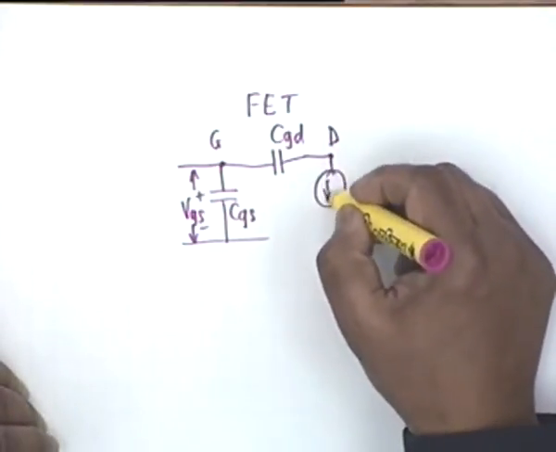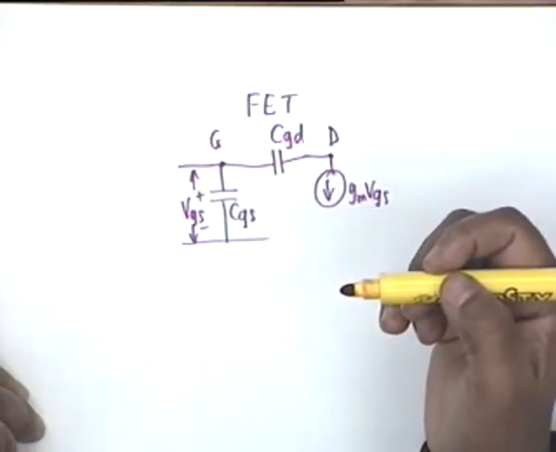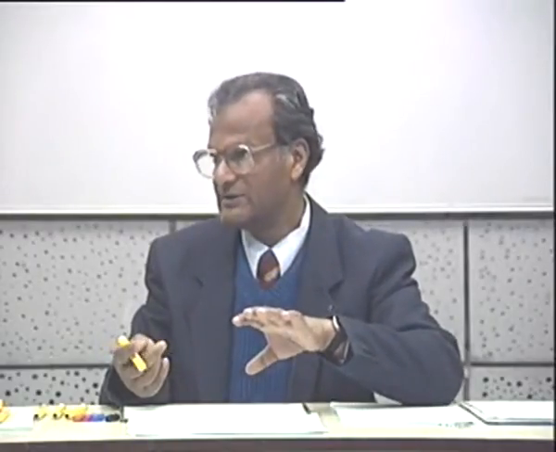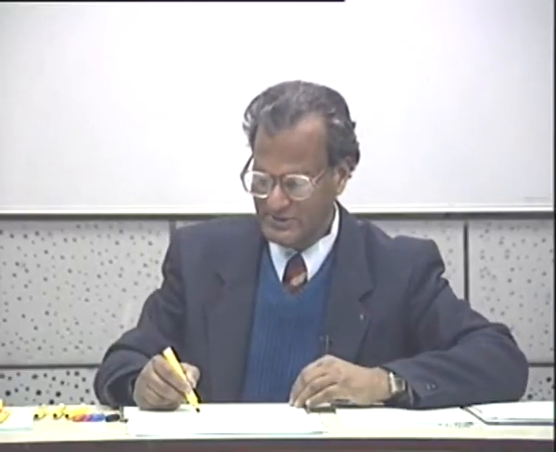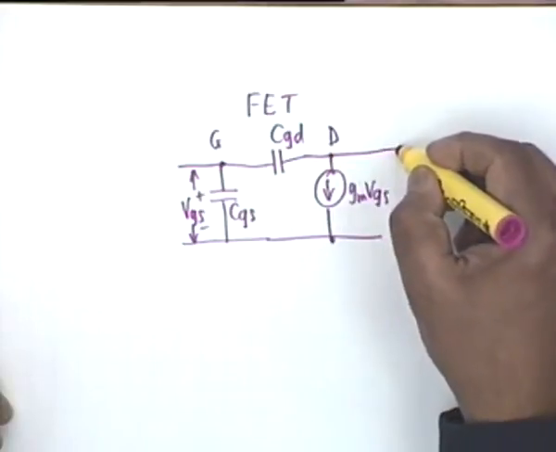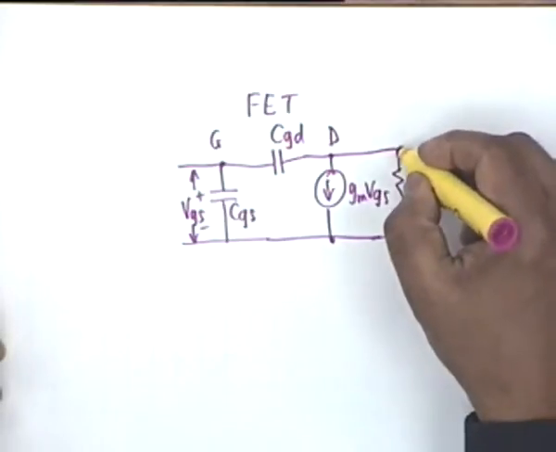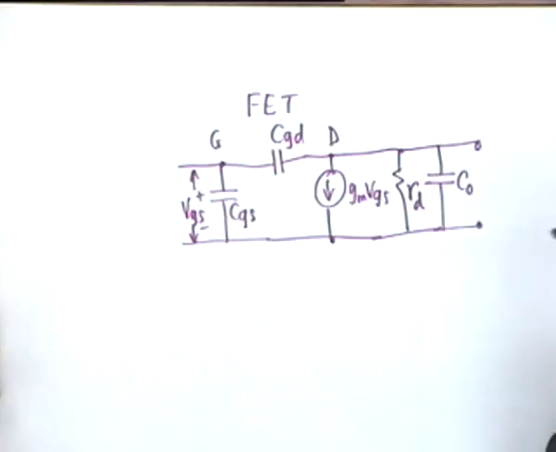From the drain you have the gm VGS. There is no resistance here, because gate to source and gate to drain are either reverse bias junctions or metal oxide semiconductor capacitors. So gm VGS, and then you have the inevitable dynamic resistance of the drain RD, and perhaps an output capacitance C0, which is basically stray, but also contains a small amount of capacitance contributed by the device.